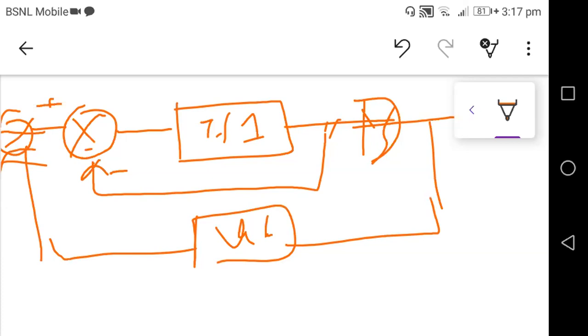So this one is the inner loop. This should have higher bandwidth. Higher bandwidth means it has to settle first. The bandwidth and time are inversely proportional. Time is equal to 1 by bandwidth.